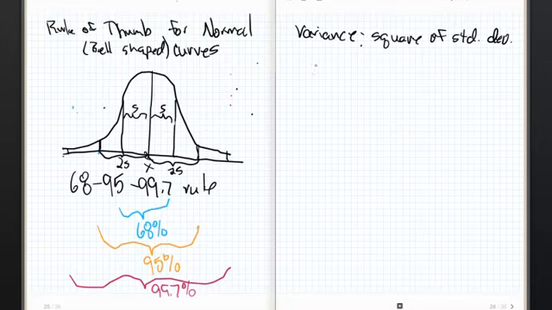So if I'm talking about sample variance, if s is the sample standard deviation, then s squared is sample variance. If sigma is the population standard deviation, then sigma squared is the population variance.